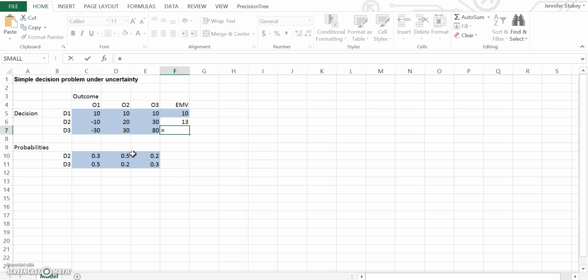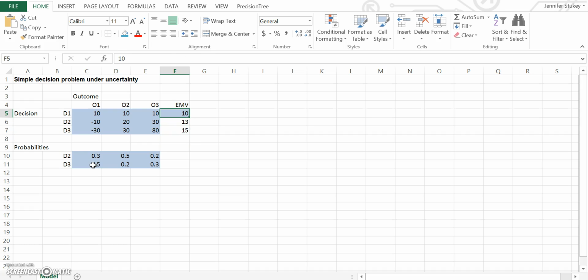We're going to do the same thing for our last decision, which is decision 3. First we are selecting the monetary values of each outcome, and then we are selecting the probabilities, using the sum product function. Okay, so our expected monetary value there is $15.